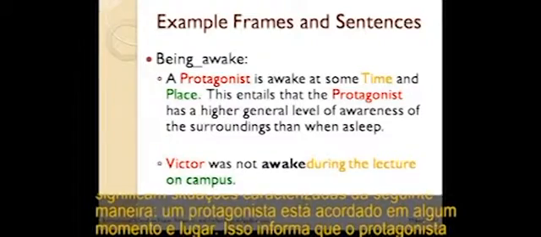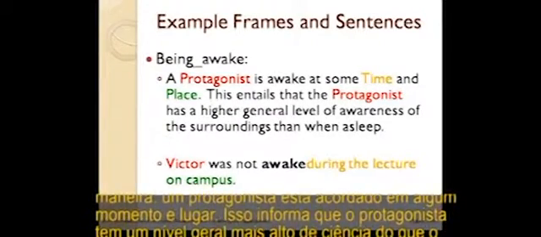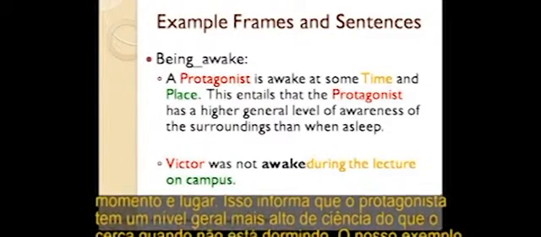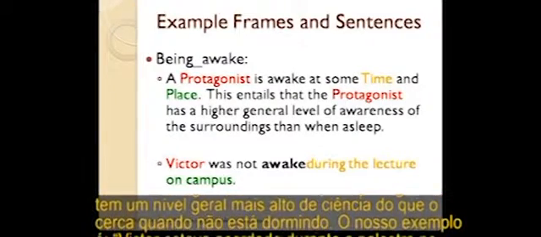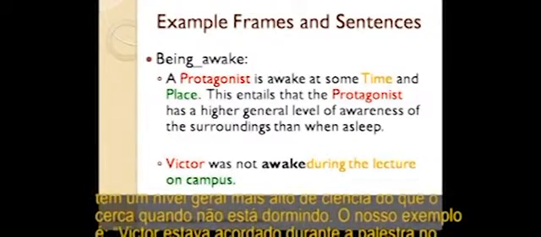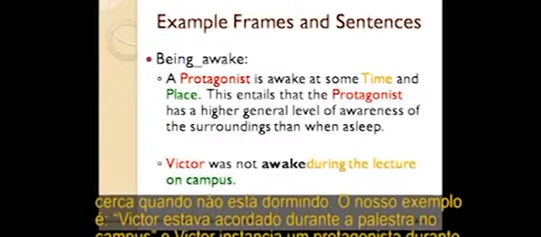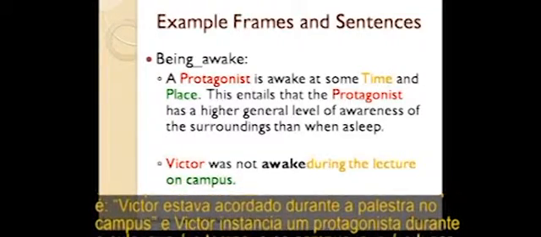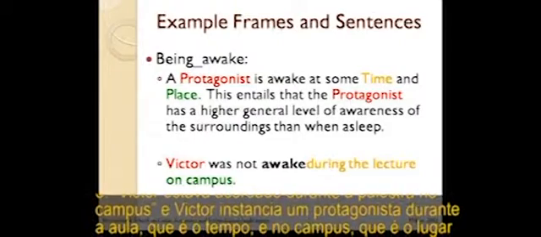And our example is: Victor was not awake during the lecture on campus, where Victor instantiates the protagonist. During the lecture is the time, and on campus is the place. And this has nothing to do with Victor sitting in the class here. It just is a name that came to mind.